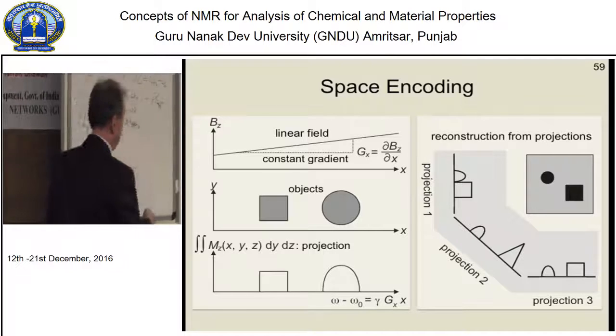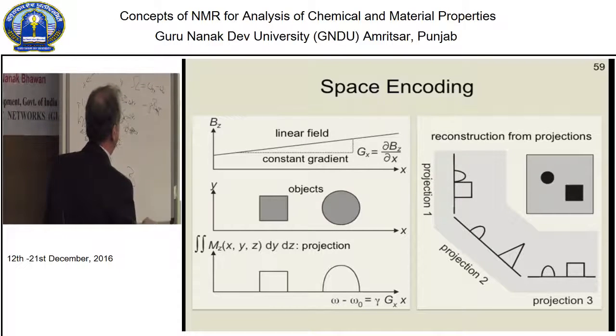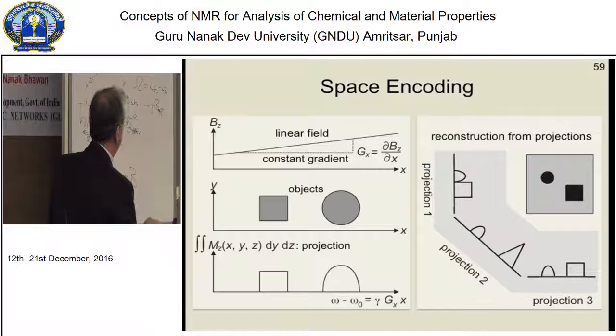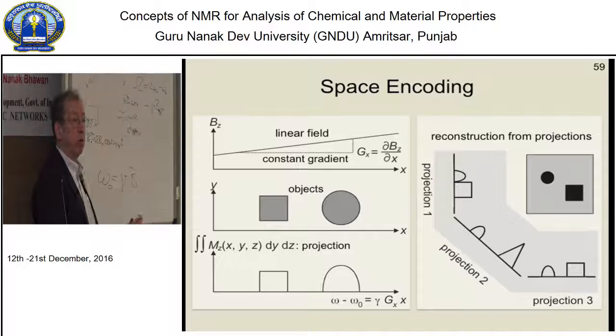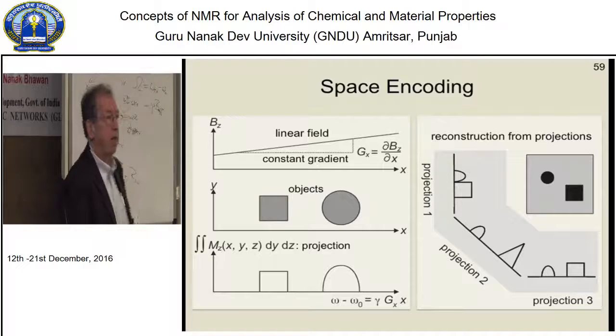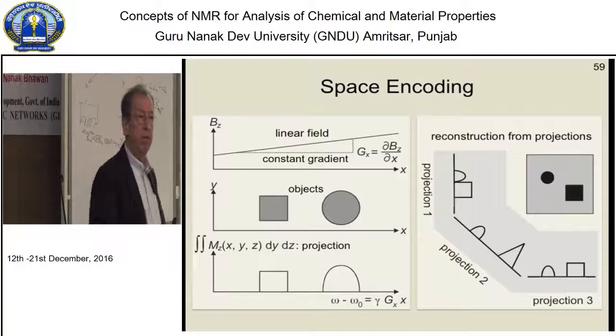So if we have a low magnetic field here, we have a low frequency signal. If we have a high field at this point, we have a high frequency signal. And all we have to know now is the signal amplitude. It depends on the number of spins we have at that particular strength of the magnetic field.